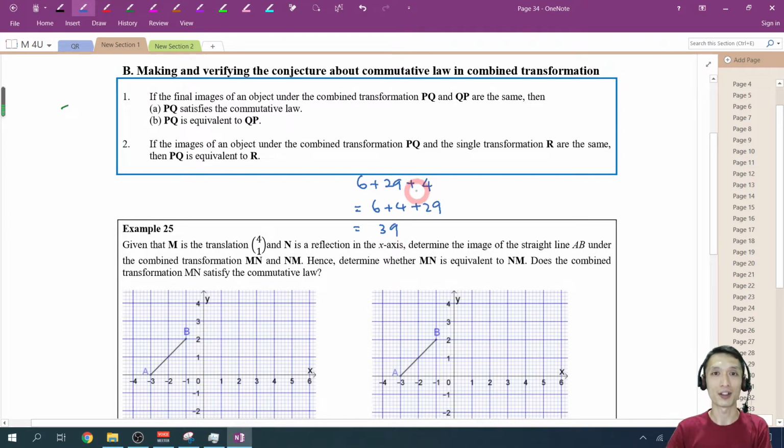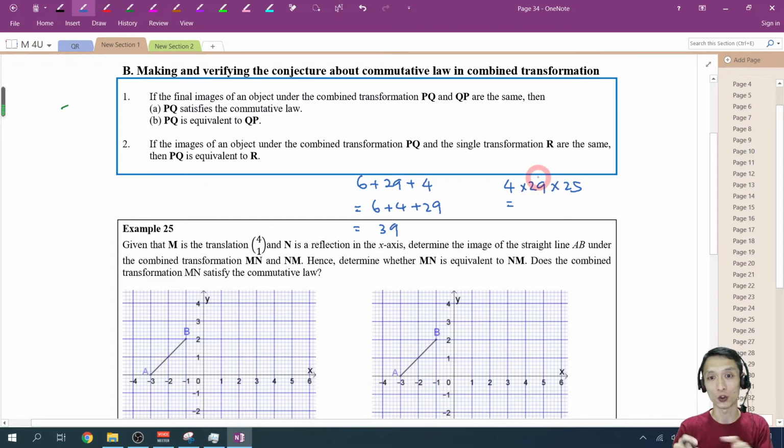Another example is multiplication. For example, if I ask you to calculate 4 times 29 times 25. If you want to calculate mentally like this, 4 times 29 then times 25, it will be a little bit hard. But we can apply commutative law to help us get the answer easily.